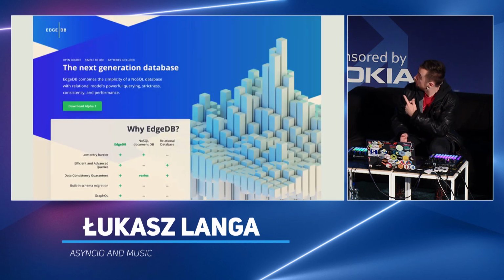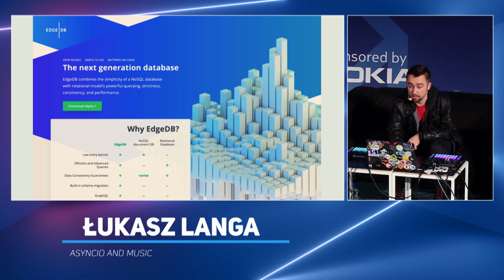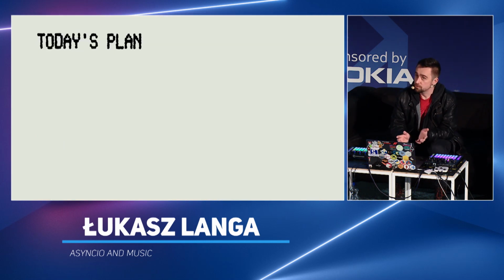And now I work for HDB, which is a company working on HDB, the product, which is an object relational database. Check it out. It's actually open source. You can check out the code on GitHub. It's AsyncIO. It's proper Python 3.7 code. Just try it out. Today we're not going to talk about HDB though.